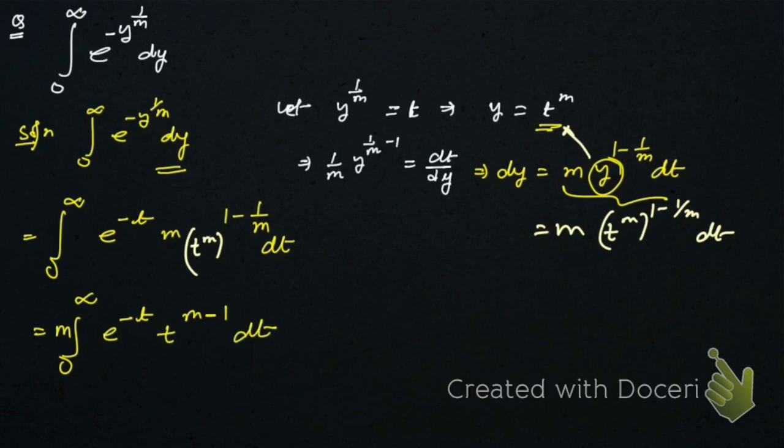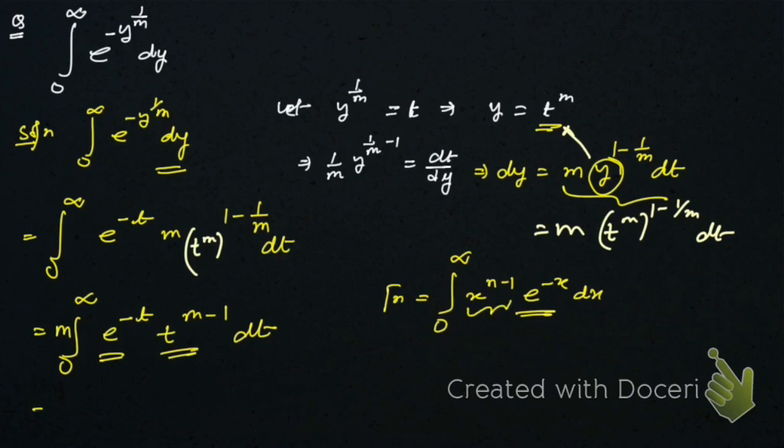Now by the definition of the gamma function, the integral from 0 to infinity of x to the power n minus 1 e to the power minus x dx is nothing but gamma n, right? So compare this one with this and this one with this, then you should get gamma m. So this is our answer. So hope you have understood this.